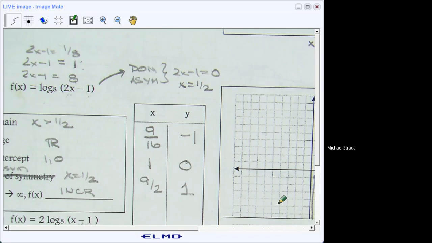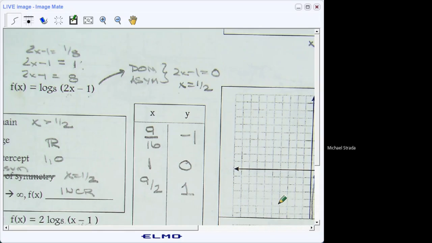When we plug them in, 9/16, this becomes negative 1/8. That gives me the negative 1. When I plug in 1, this gives me 1, brings me to 0. 9/2 makes this 9. 9 minus 1 is 8. The log 8 of 8 gives me the 1. All right? For the domain and the asymptote, you set it equal to 0. Add 1, divide by 2, x equals 1/2 is your asymptote.